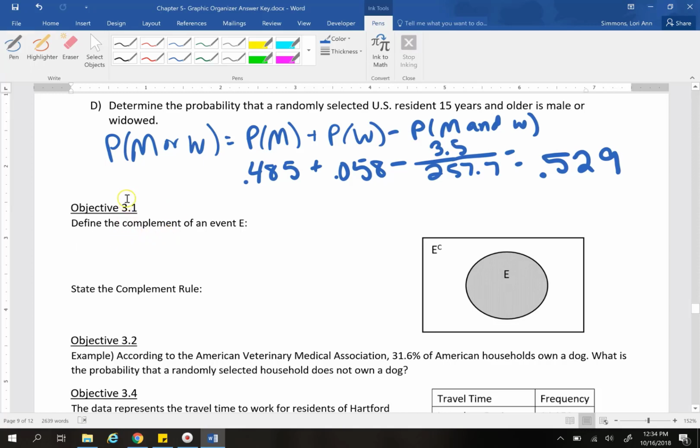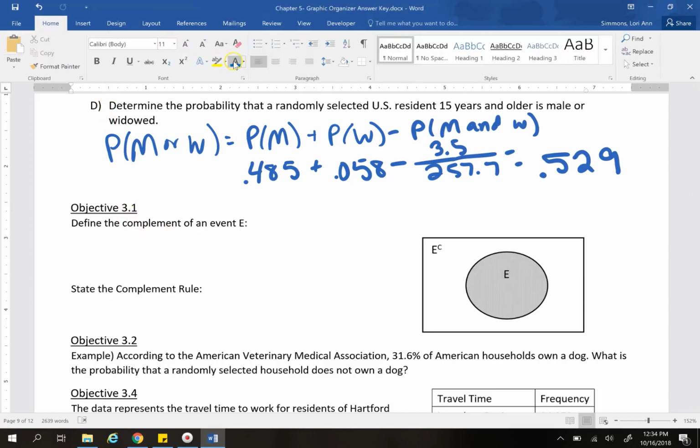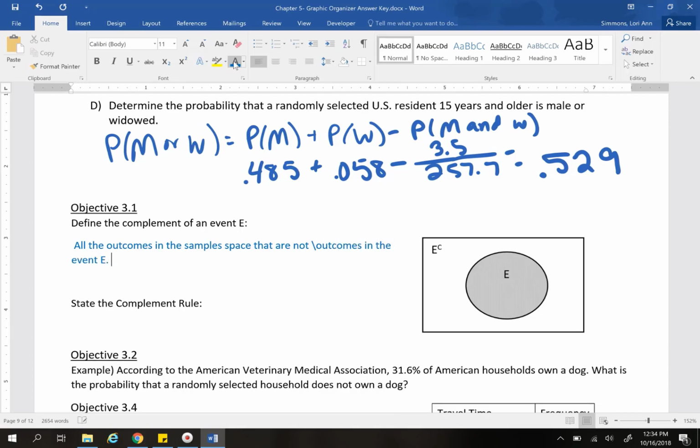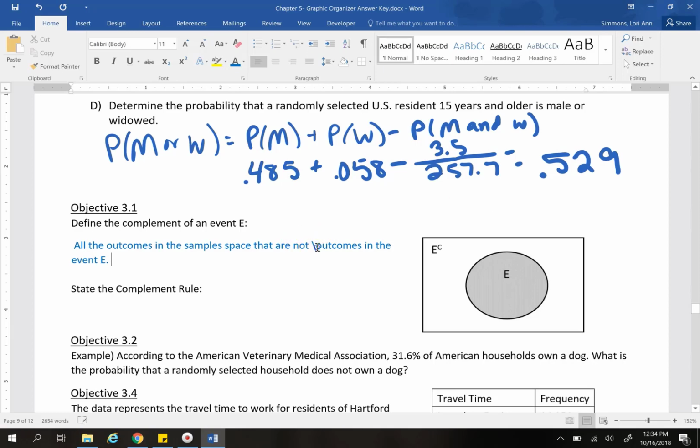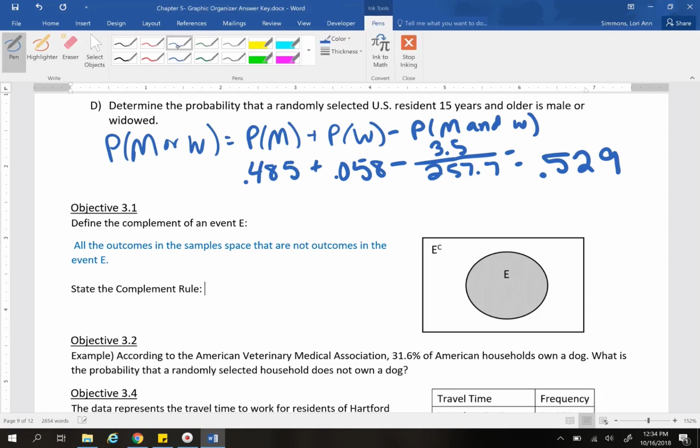All right, moving on to the complement of an event. This is all the outcomes in the sample space that are not outcomes in the event E. So we can write the complement of an event as E to the C. You can see that right here.